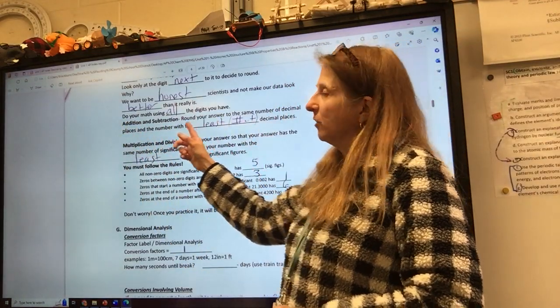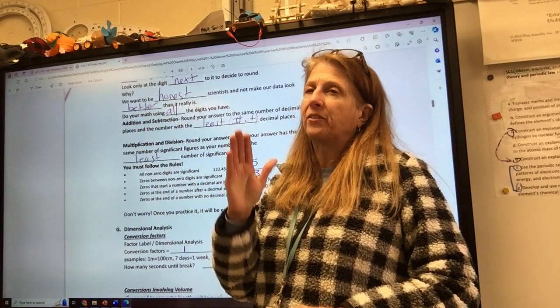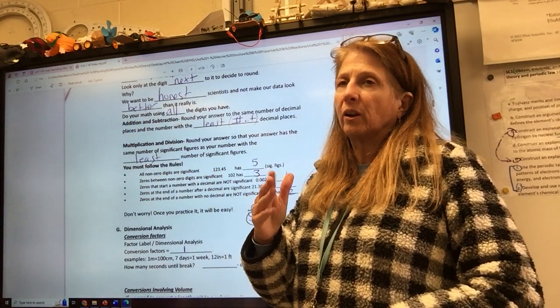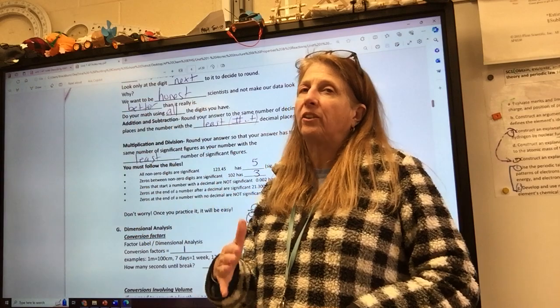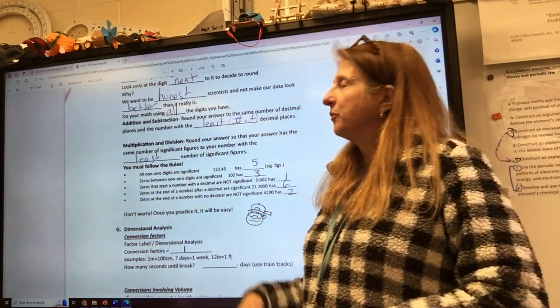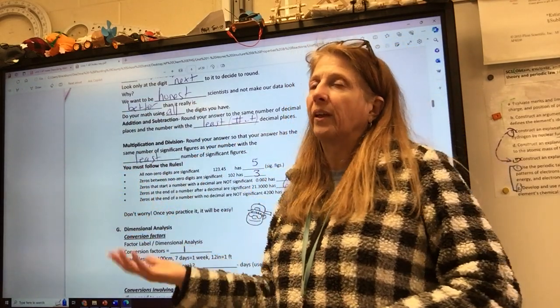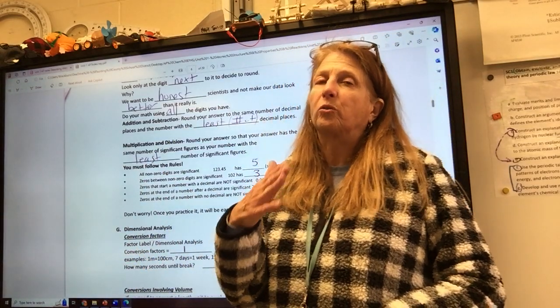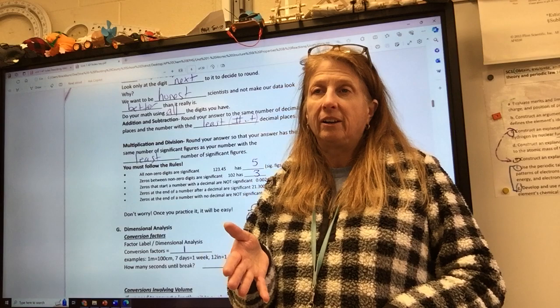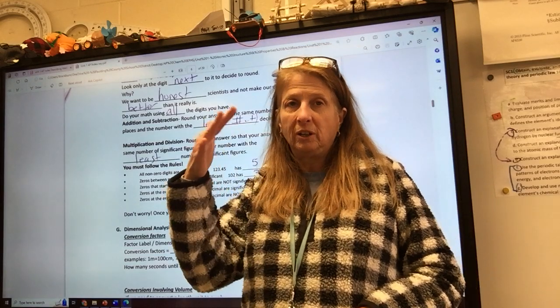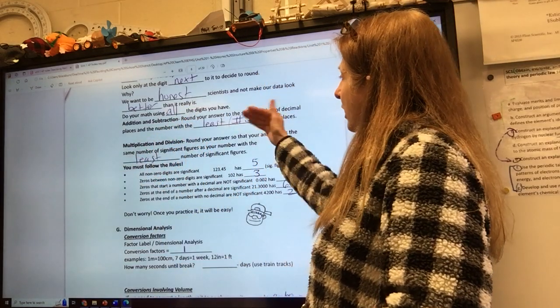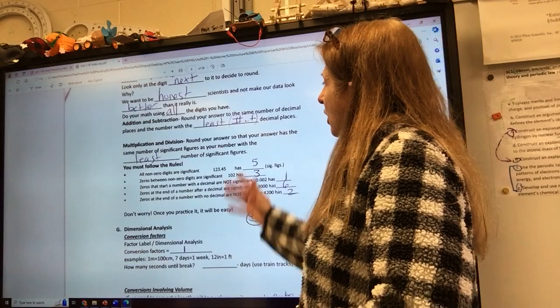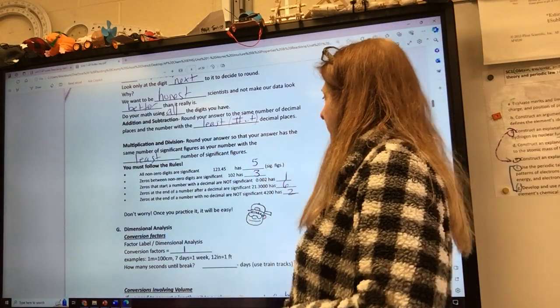You look at them and you see which number goes out the least as far as decimal places go. So if you had one that goes to a tenth and one that goes to a hundredth, you would have to round your answer to the worst one, which is the tenth. Does that make sense to the new people? Yeah. Can you follow that? Okay, and then with multiplication and division, you round it to the one with the least number of significant figures.